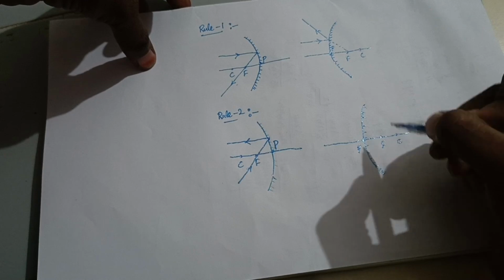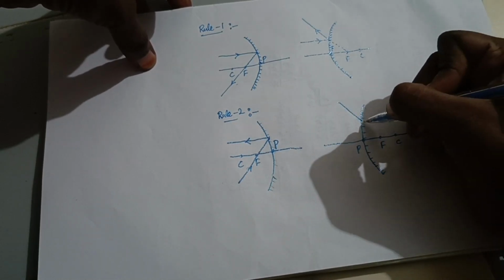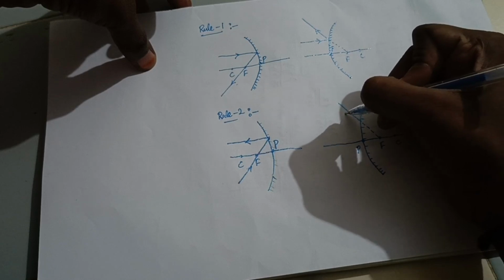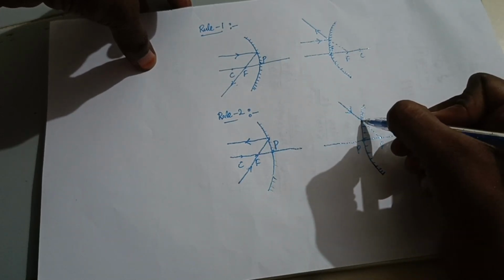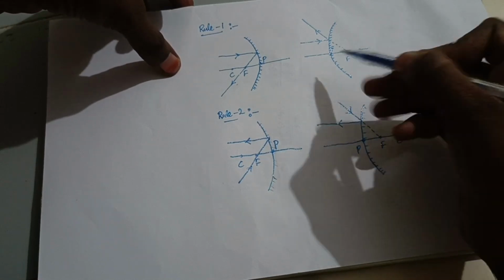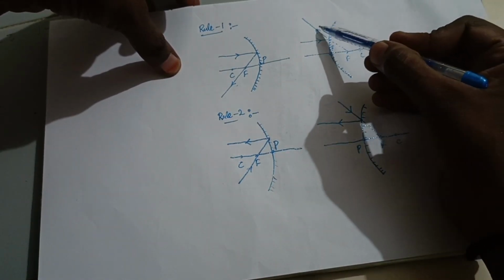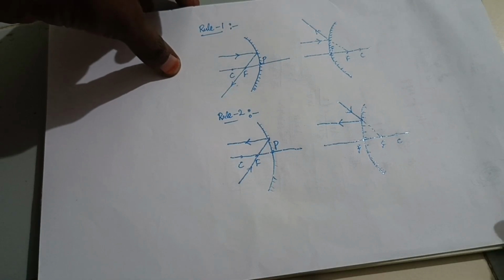Now again, the incident ray seems to pass through the focus like this. Here this is the incident ray. After reflection, it will move parallel to the principal axis. Here, if you observe, these two diagrams again are similar except the direction of arrow marks.